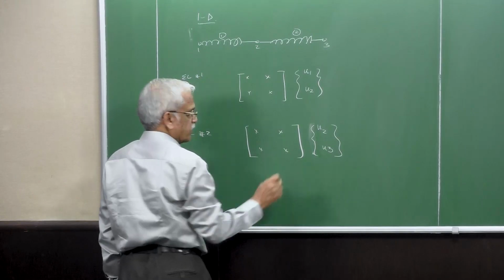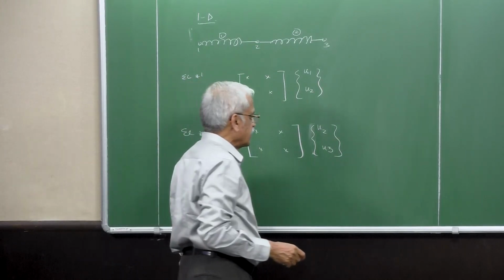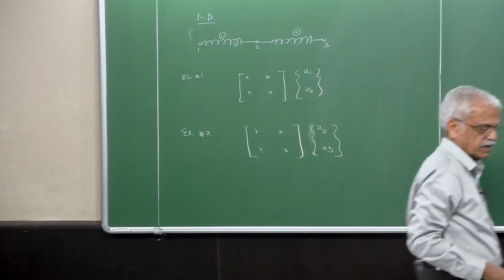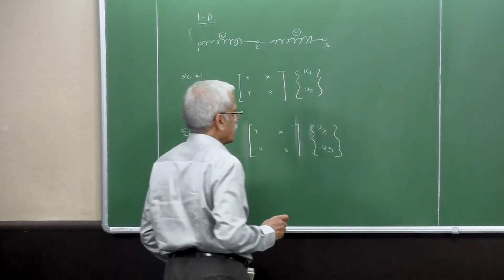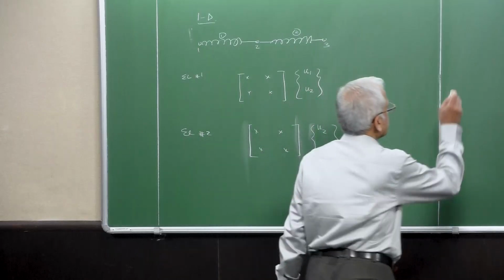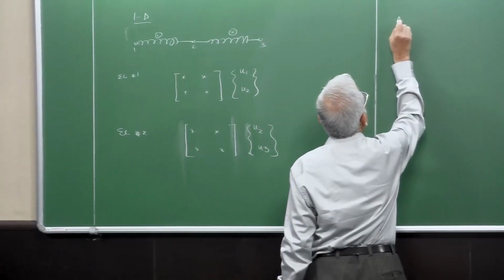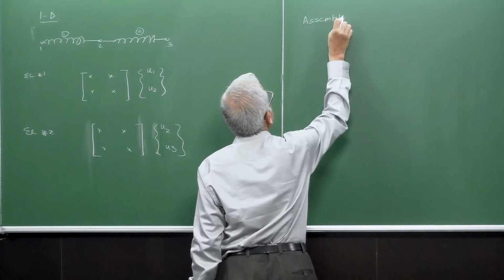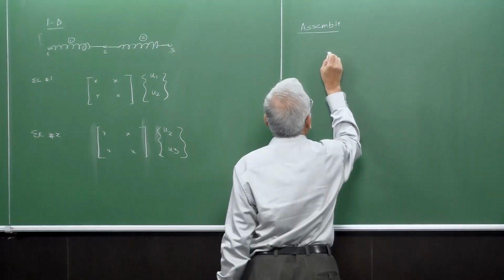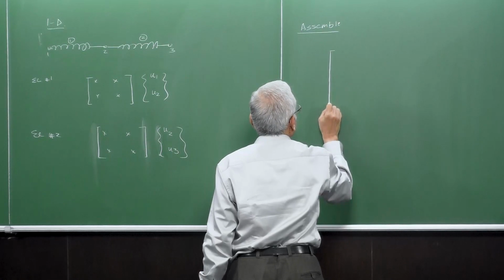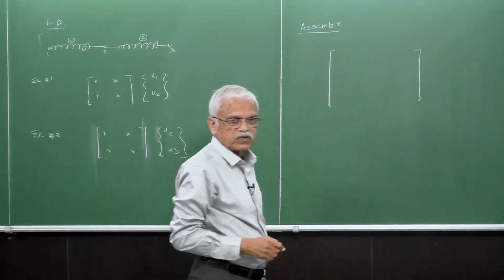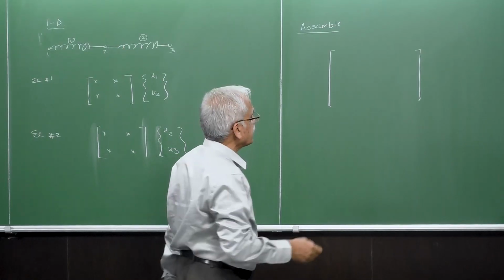So we have k, and these are the 4 numbers in the stiffness matrix, and then we want to assemble them. Yesterday we saw the equations in an elaborate manner, but now we talk about a shortcut procedure, using the same equations.